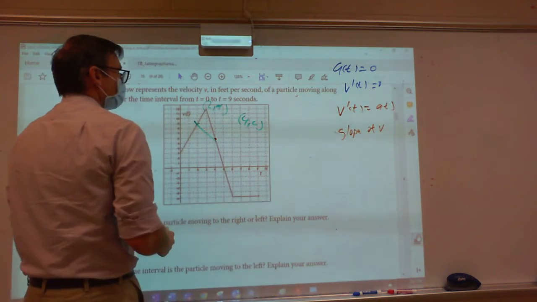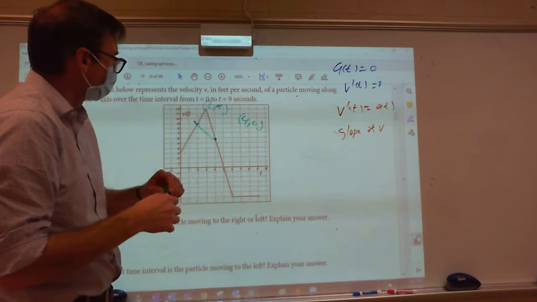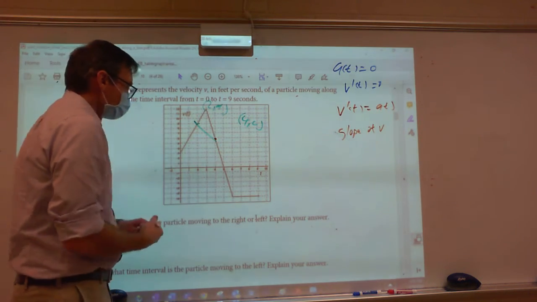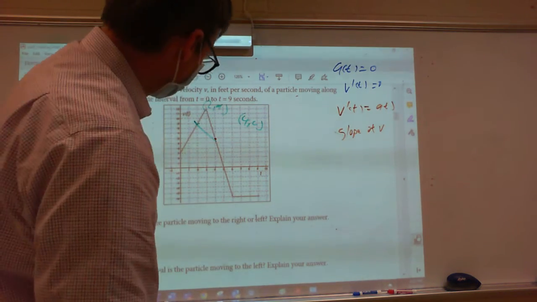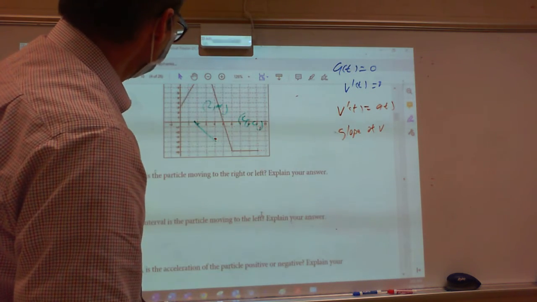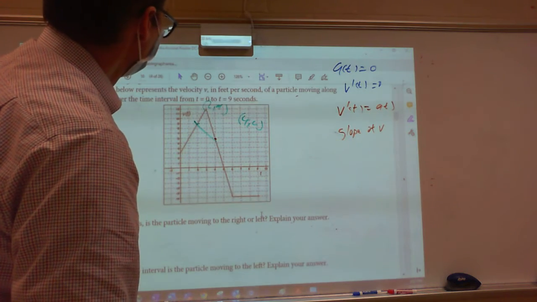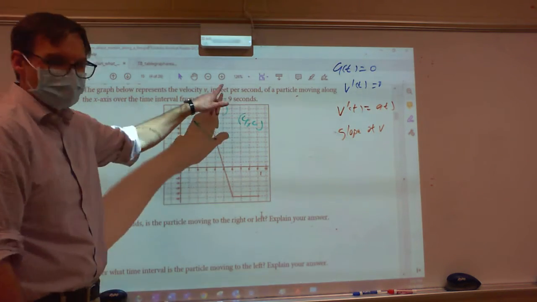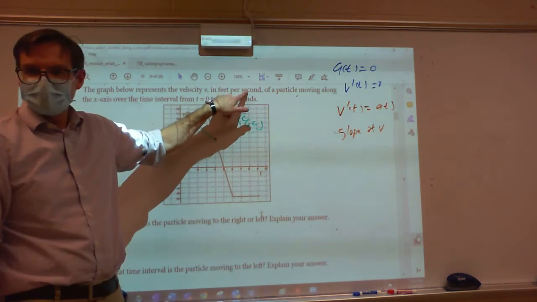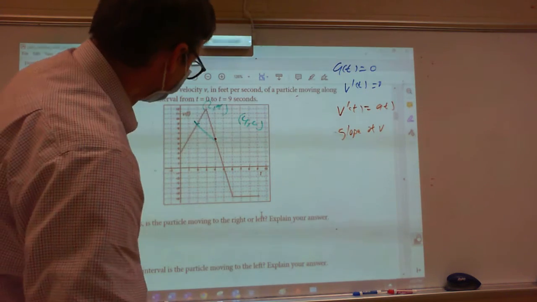So negative 3 over 2. And what are our units of measure? Feet per second squared. If the velocity is feet per second, then the acceleration is going to be feet per second squared.